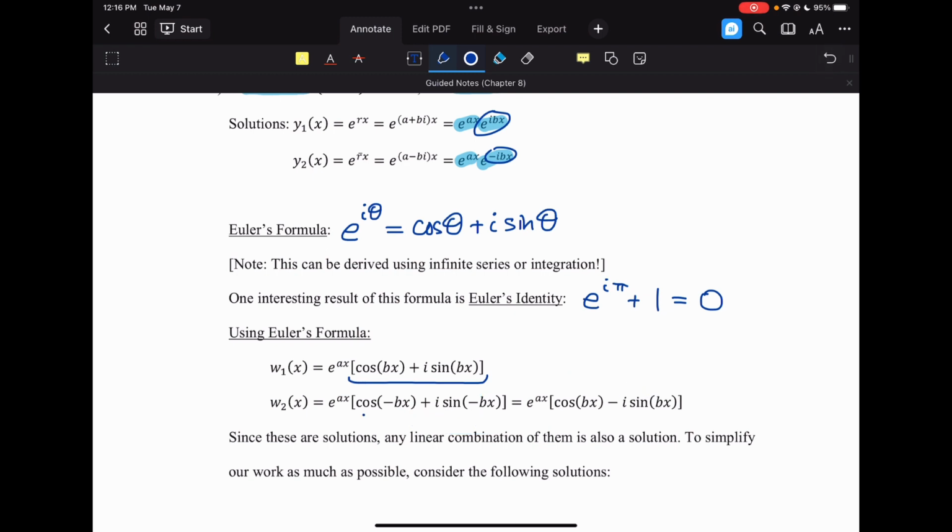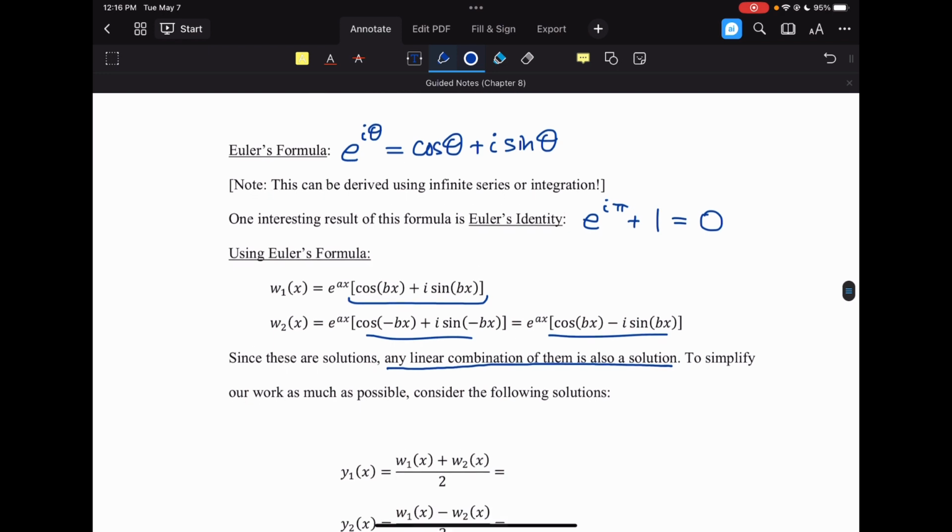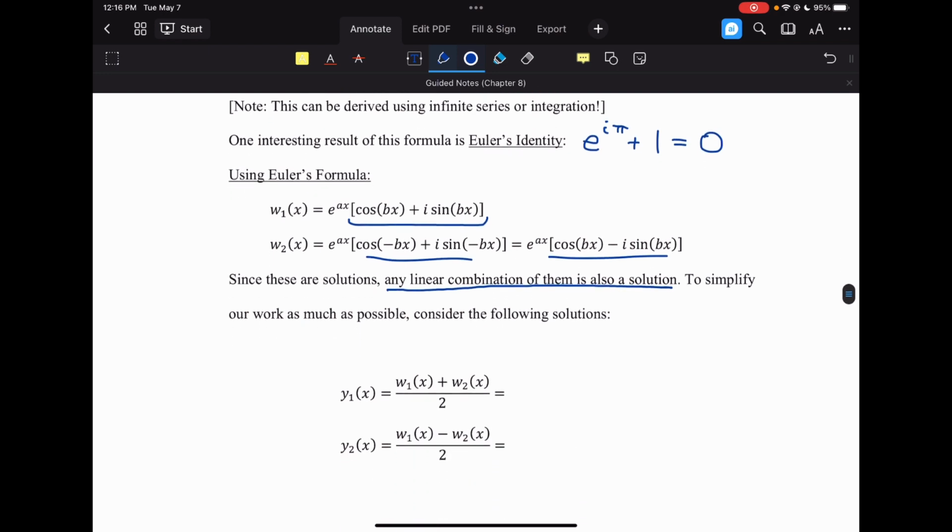So this is equivalent to this. So these are two different forms of the solution, but since these are both solutions, any linear combination of them is also a solution. So to simplify our work as much as possible, consider the following.